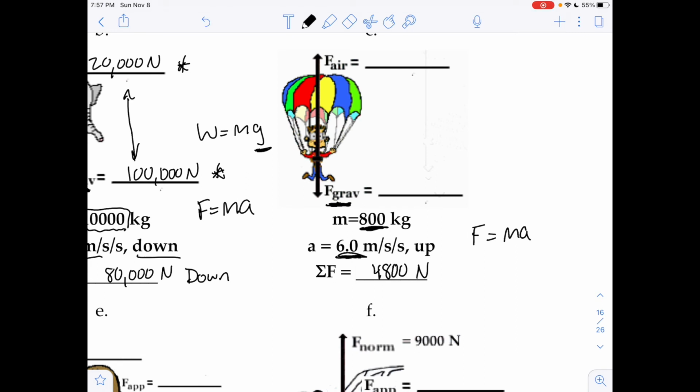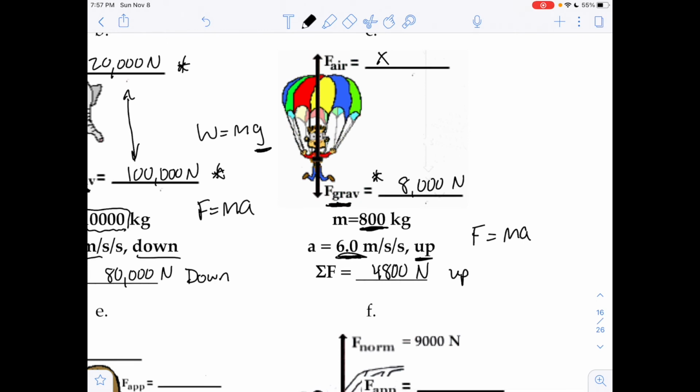So that's going to be 800 times 10, which is going to be 8,000 newtons. And we see that the acceleration is up, which means that the net force must also be up, which means that whatever air resistance is, I'm going to call that x for a minute, that must be greater than gravitational force, 8,000.